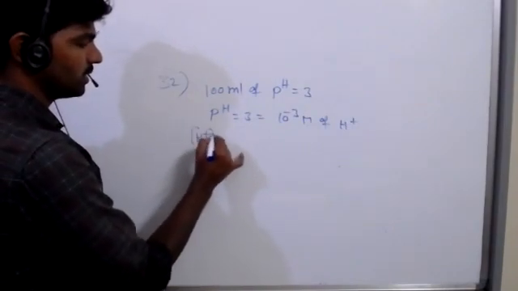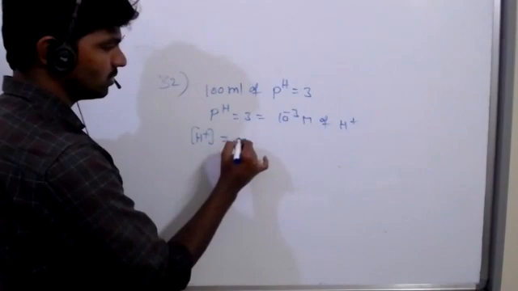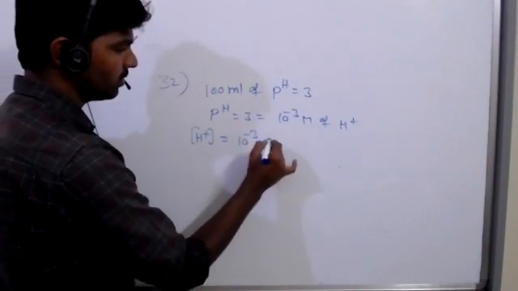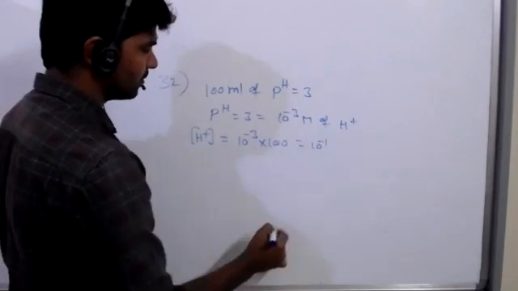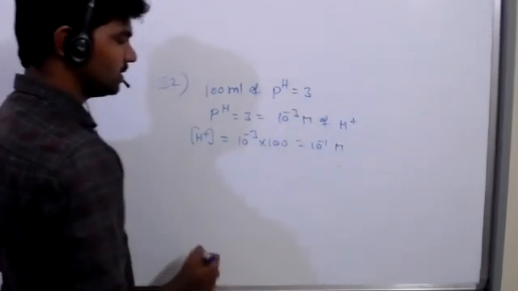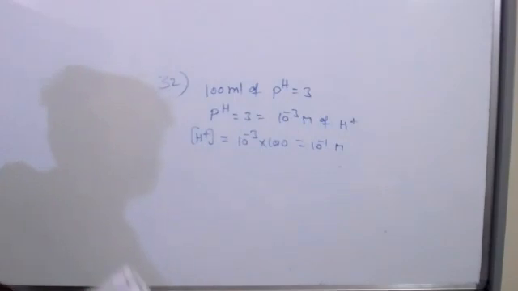So H plus concentration is equal to 10 power minus 3 into 100. This is from the 100 ml of pH equal to 3 solution.